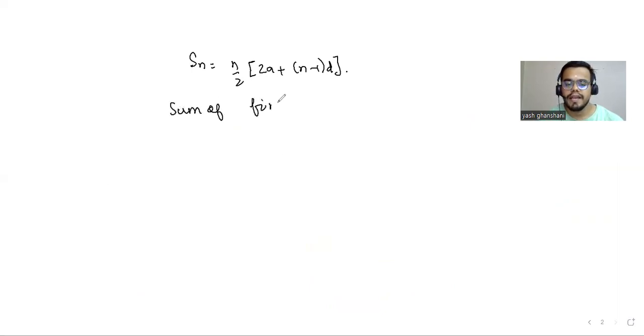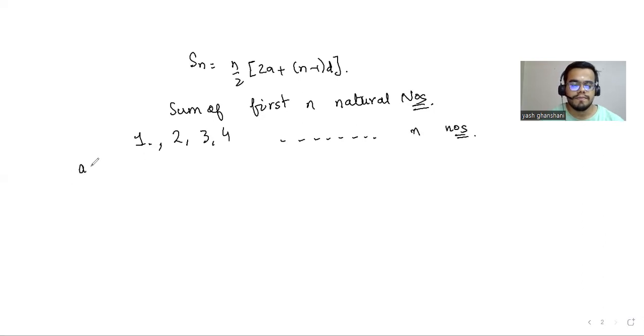Similarly, let us use this formula of Sn, that is n by 2 (2a plus (n minus 1) into d), to derive a formula to find the sum of the first n natural numbers. The numbers would be 1, 2, 3, 4, till n numbers.